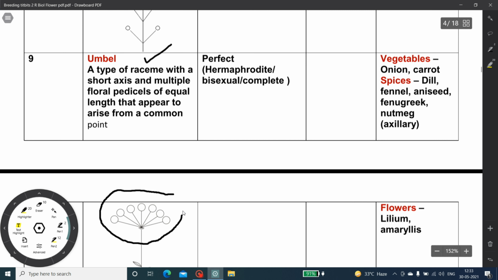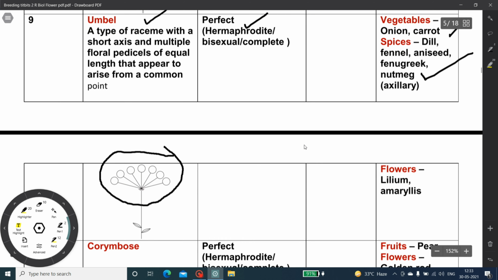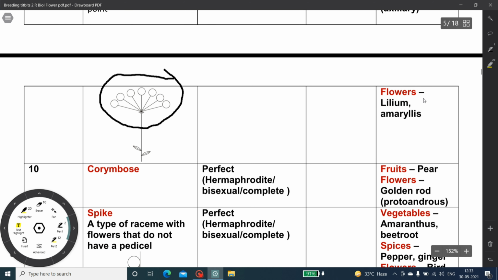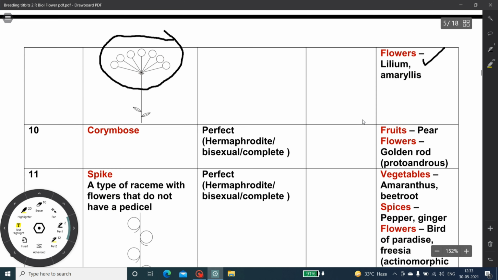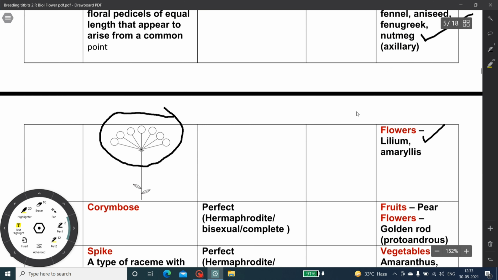This is the umbel diagram, and the flowers are perfect flowers. Vegetables like onion and carrot are examples. Spices like dill, fennel, aniseed, fenugreek and nutmeg are the best examples. Flowers like lilium and amaryllis are examples of the umbel.